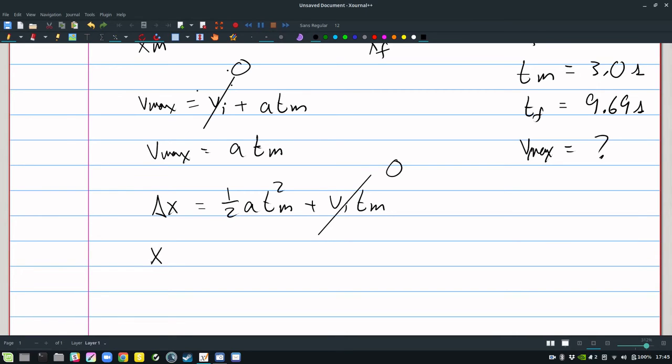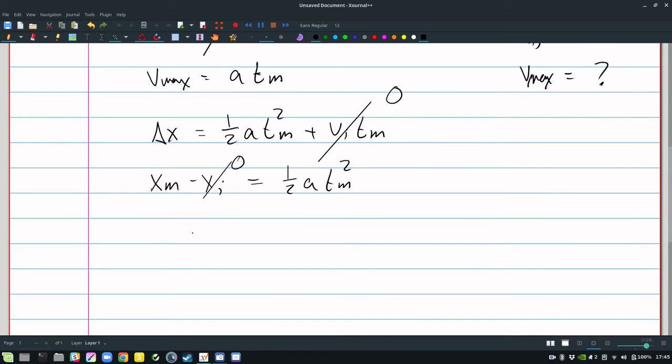Delta x is x middle minus x initial. That's the displacement I'm talking about, 1/2 a t middle squared. X initial is also 0. We're just choosing that to be the location of the origin. So x middle is equal to 1/2 a t middle squared.